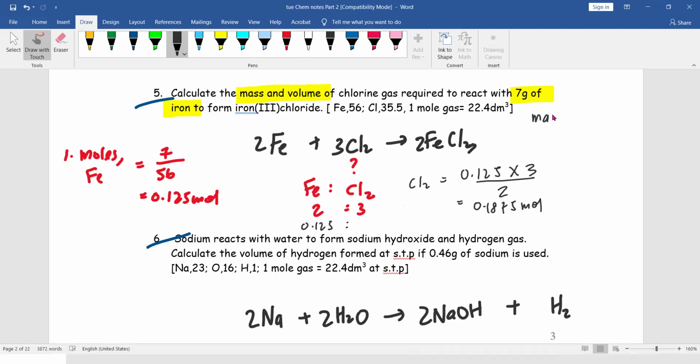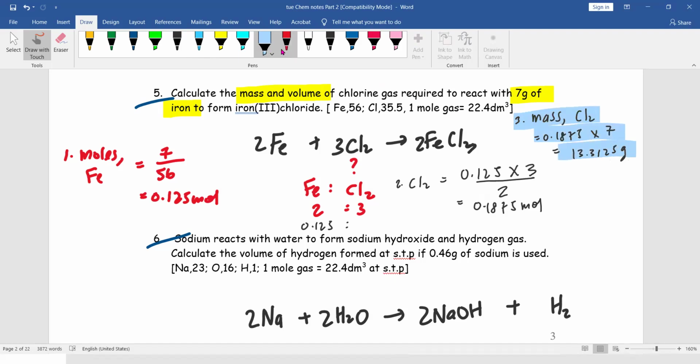So first we find mass. 0.1875 times 71. 13.3125. Okay, so that's the mass.